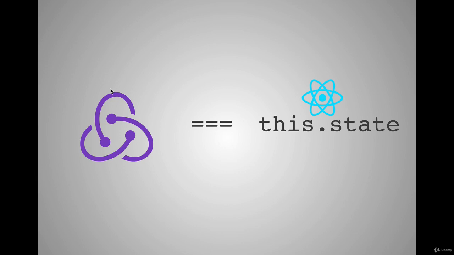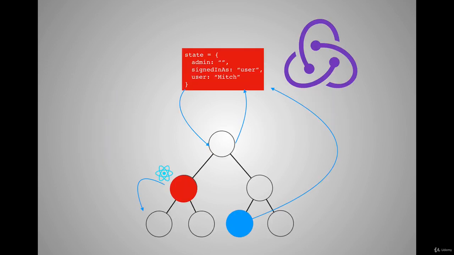But one caveat: you could technically have Redux with the state, but also still keep a little bit of React state in a component. Redux doesn't completely replace this.state or this.setState in React. You can still use them together. And I'll show you when you might want to do that, when it's a good decision.